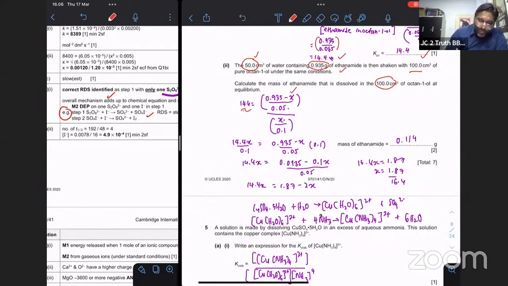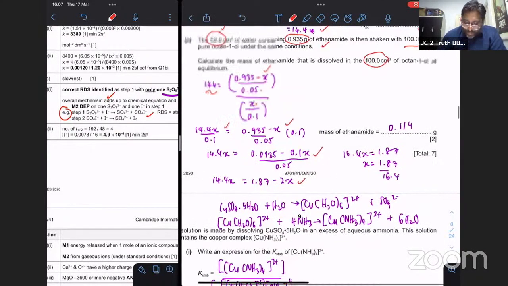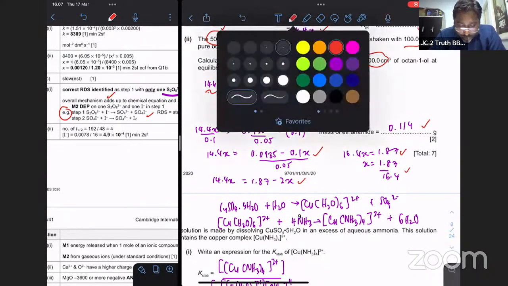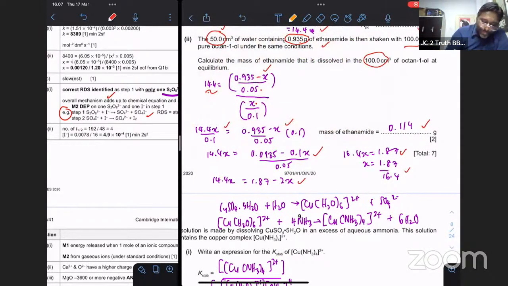You just need to look for the X, using your maths. Figure out how to calculate. Once you calculate, you will get the value, which is going to be 0.114 gram. Where is the mistake that students will always make? This one.